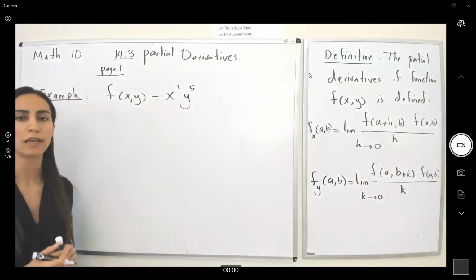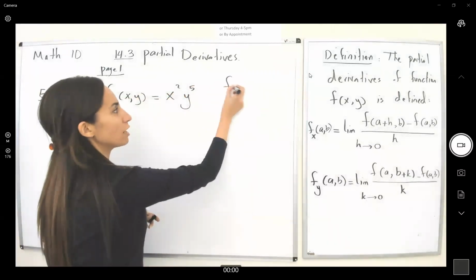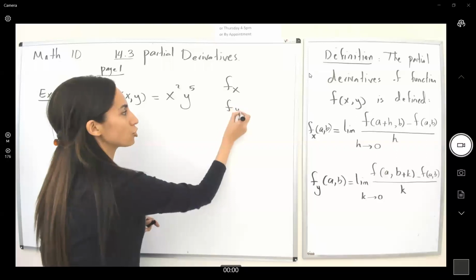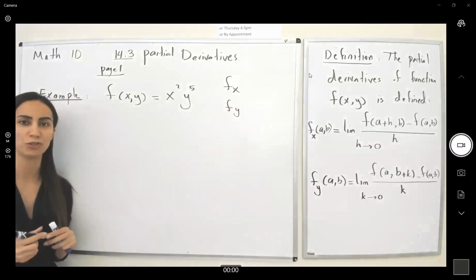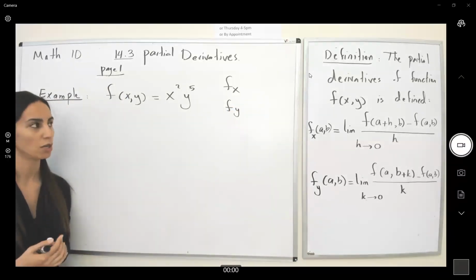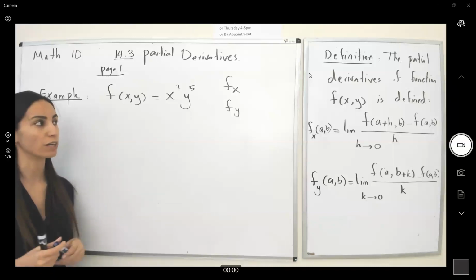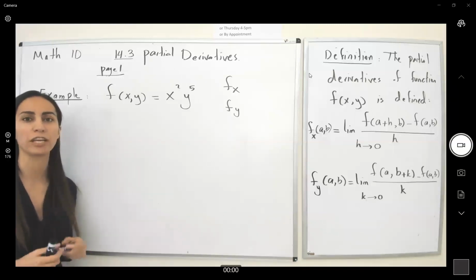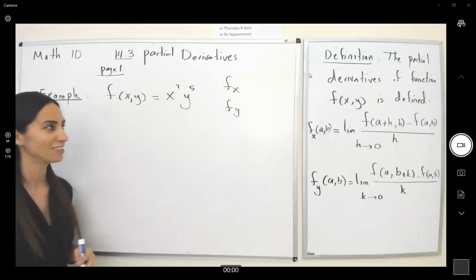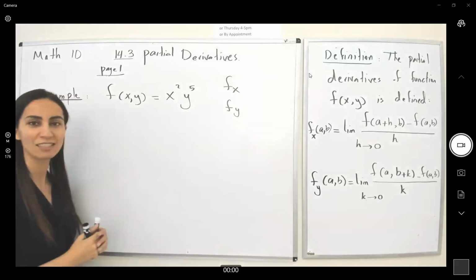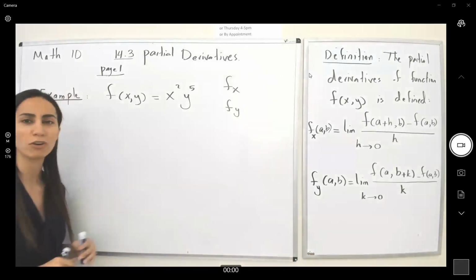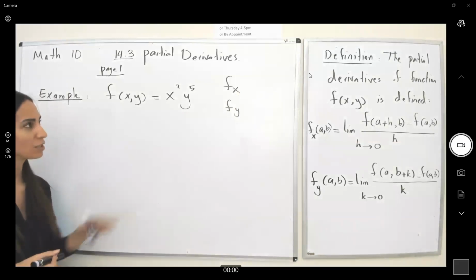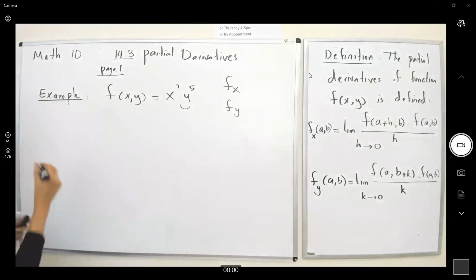The question says, find the partial derivative of f with respect to x and the partial derivative of f with respect to y. So we are actually looking for the instantaneous rate of change of the function in the direction of the x-axis, then in the direction of the y-axis. Do we have a nice function?